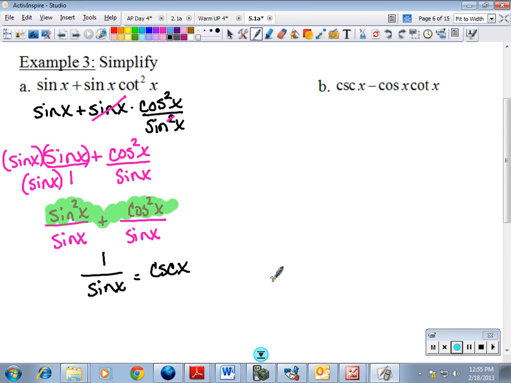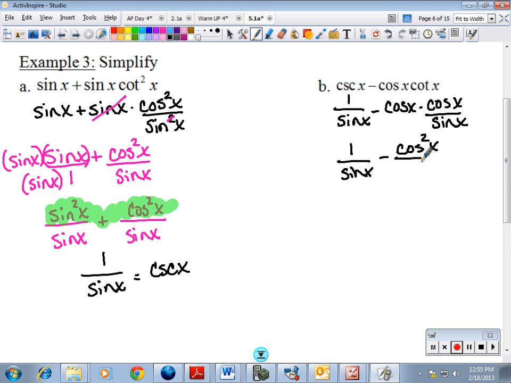And that's your goal, is to get it down as far as you possibly can. Let's look at this one. This one is 1 over sine minus cosine times cosine over sine. Well, this is the same thing as 1 over sine minus cosine squared over sine. 1 minus cosine squared, that is sine squared.